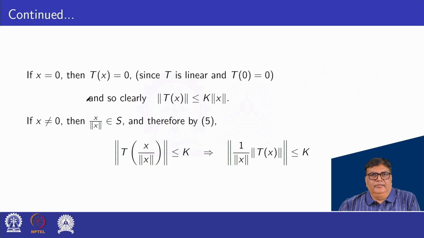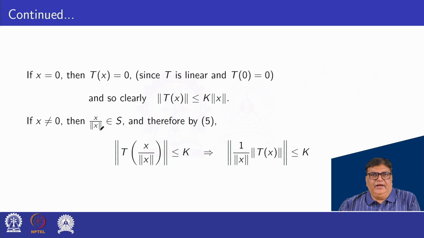And so clearly norm Tx is less than or equal to k norm x, the equality case, here for x equal to 0.